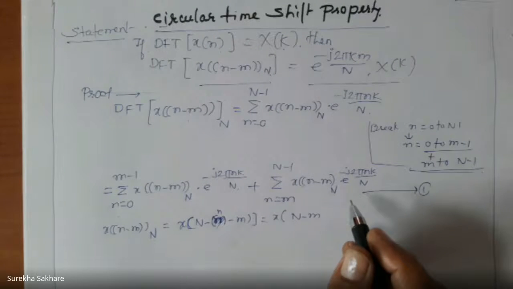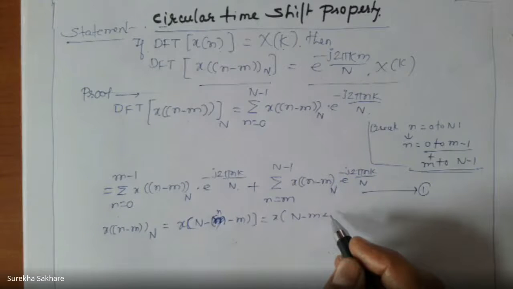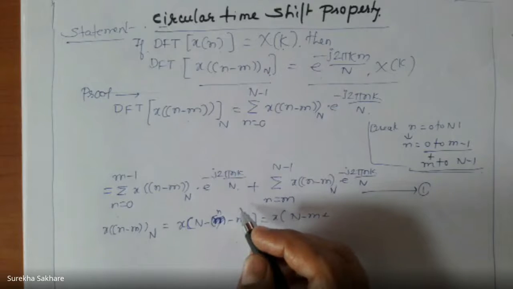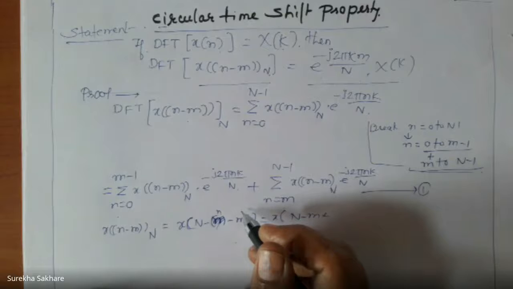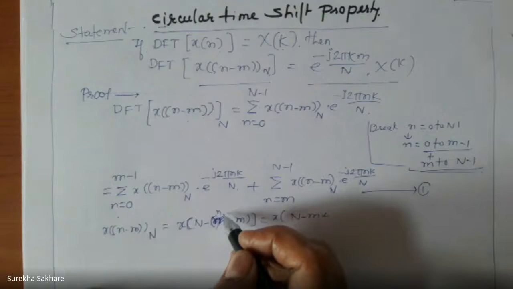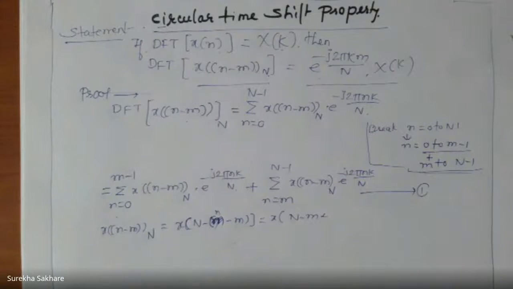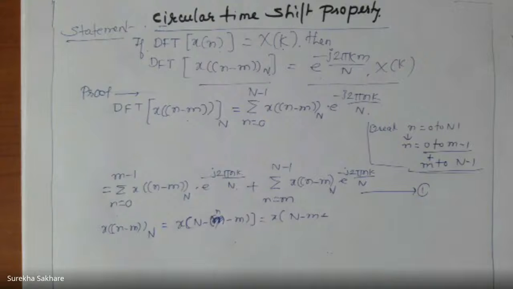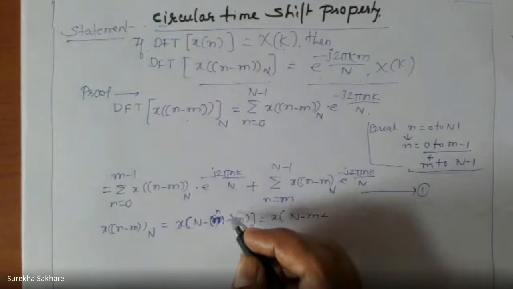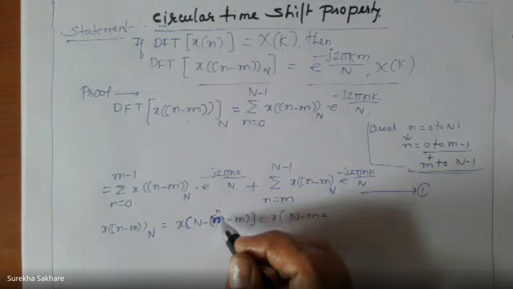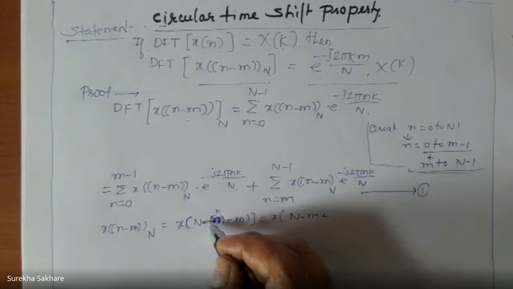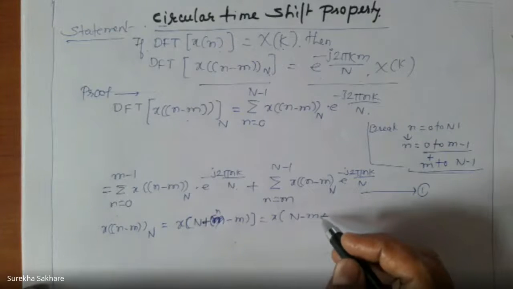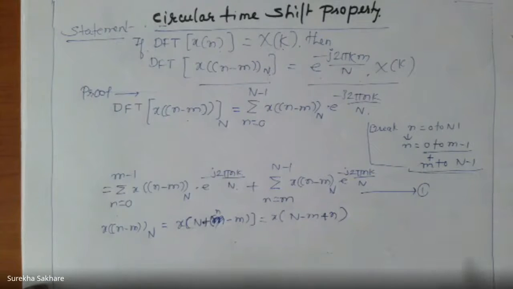N minus m plus N, this is the way it is related, if you see the circular nature of the signal and the linear relation.